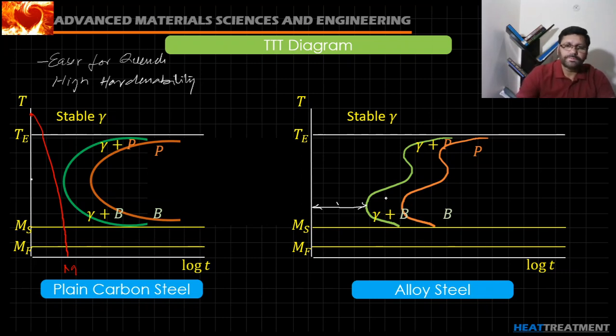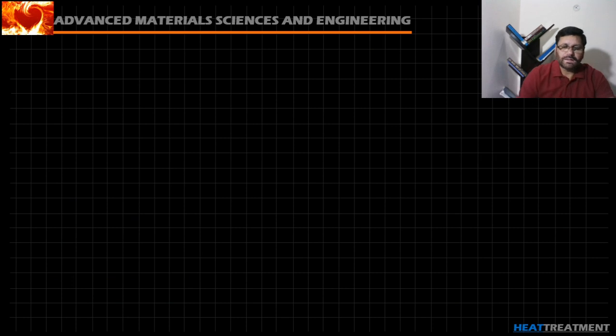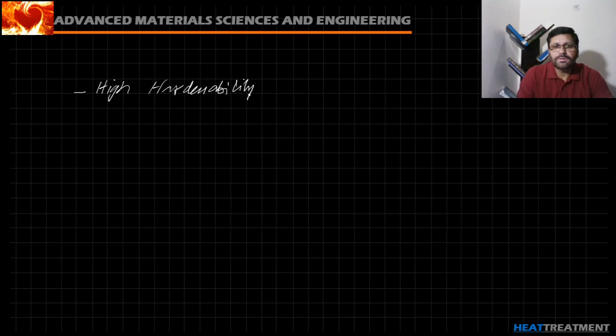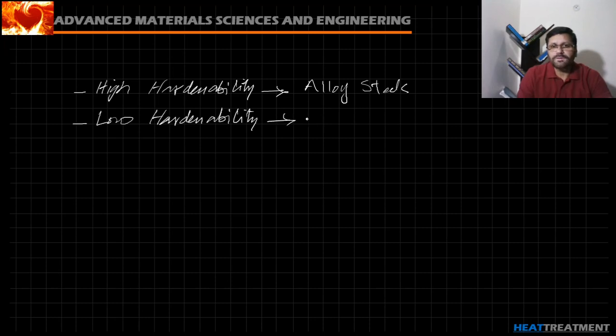So we can say we have high hardenability for the case of alloy steels and low hardenability for the case of plain carbon steel.